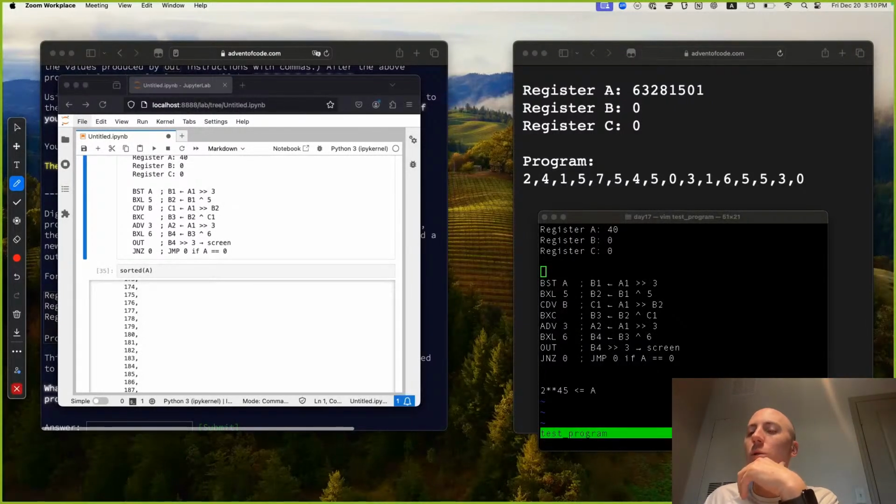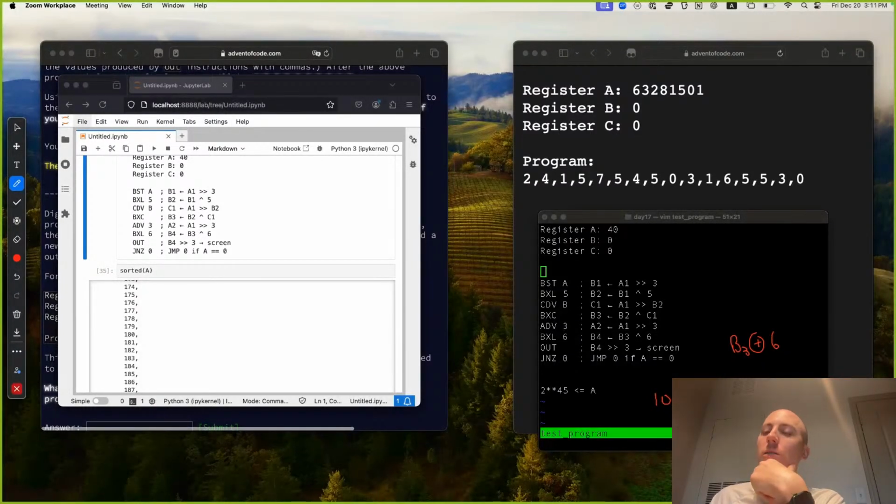If we know that B4 is greater than or equal to 1 like this, and B4 is equal to B3 XORed with 6, then what can you say?